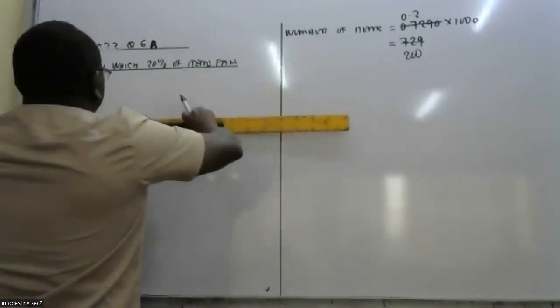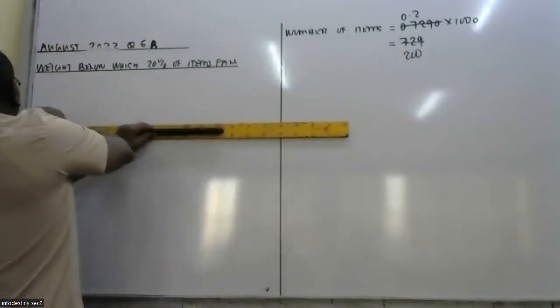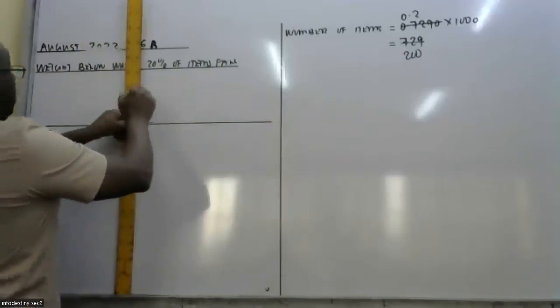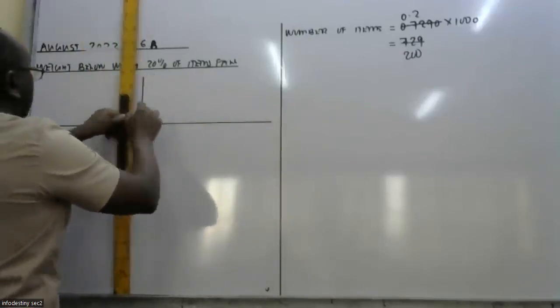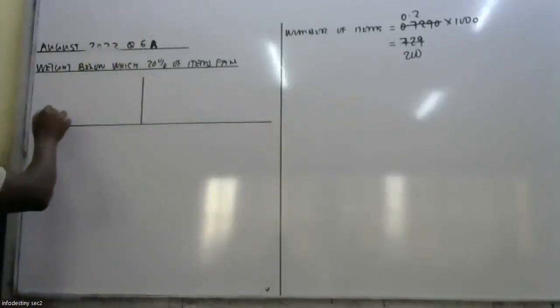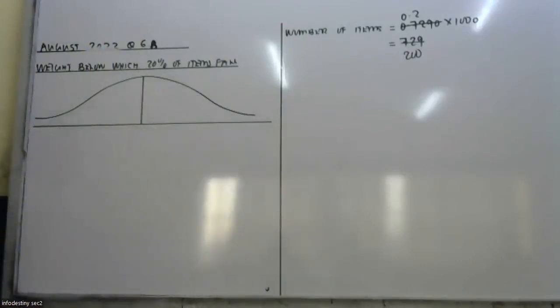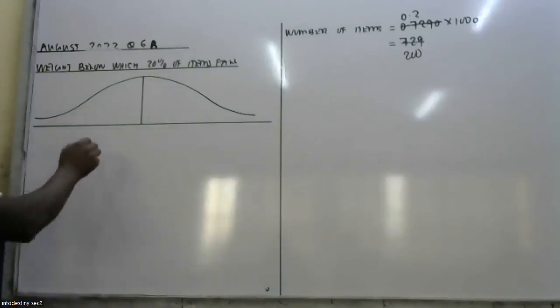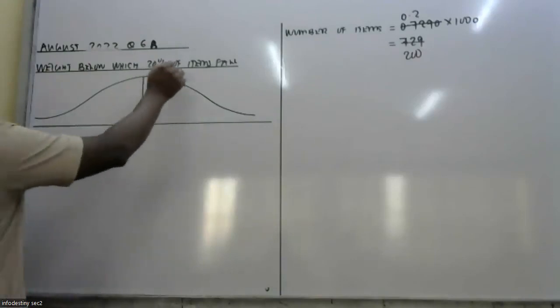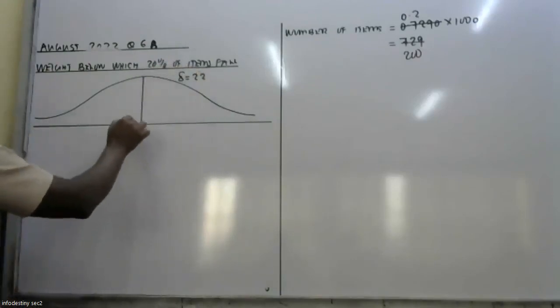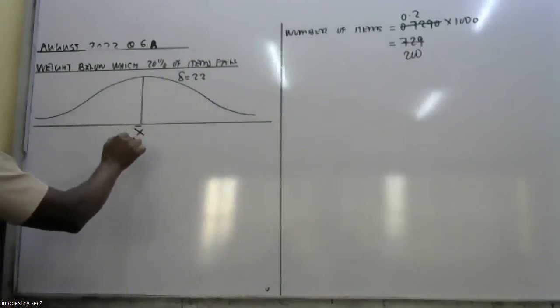Kuje hapa. We draw our table. The standard deviation is known, is 22, and the X bar is 200.